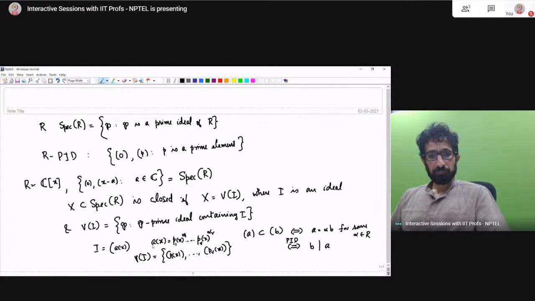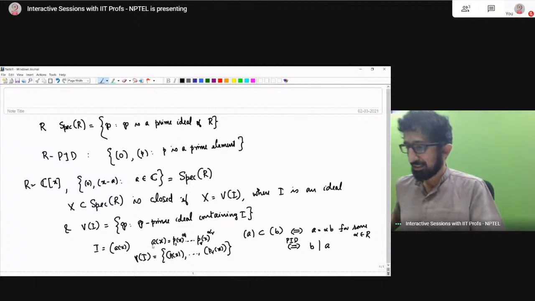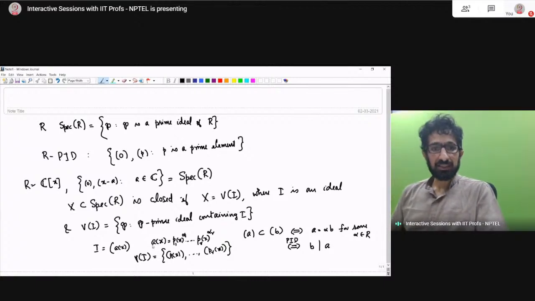It is called the cofinite topology. Of course, I have skipped a lot of details here; you need to prove that the closed sets satisfy all the properties of closed sets in a topology. All these things need to be done. I leave that to you to do at home. But then Spec of C[x] with this topology is nothing but the cofinite topology on C.